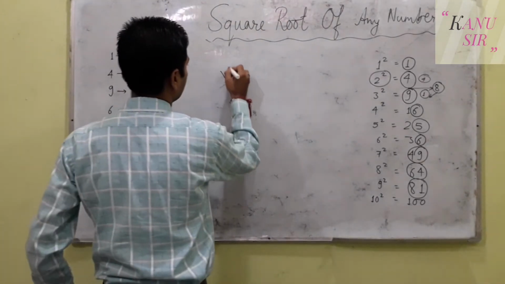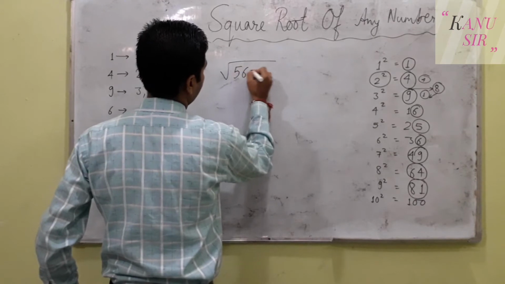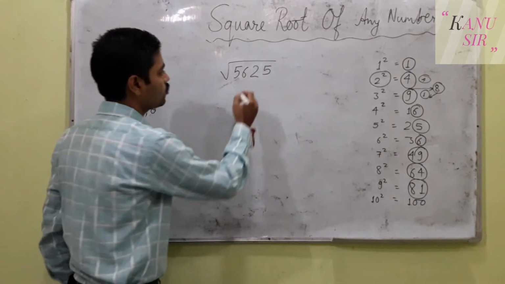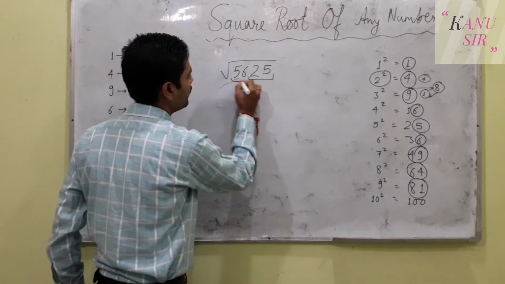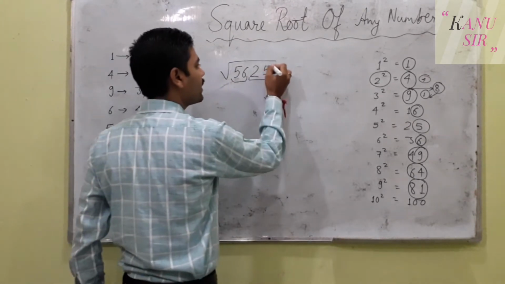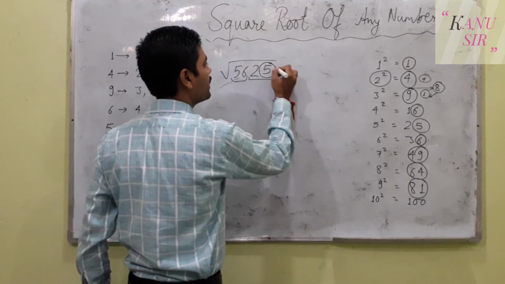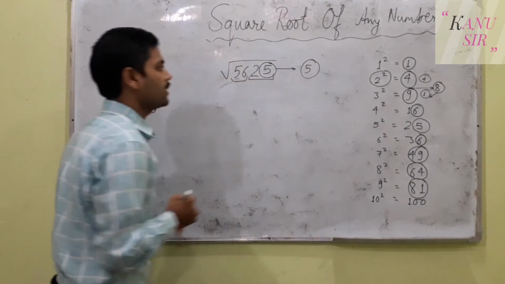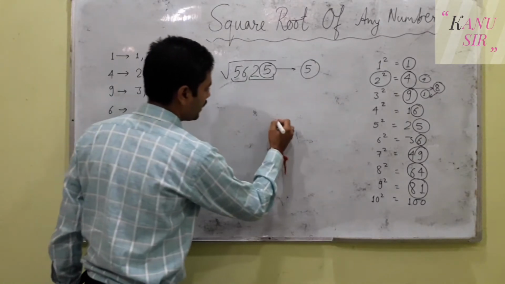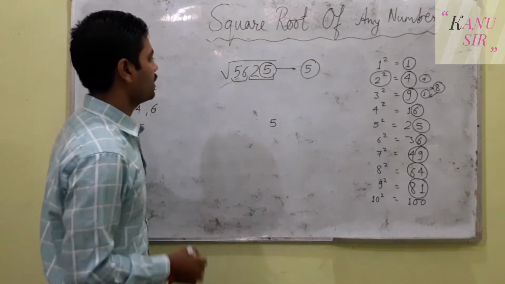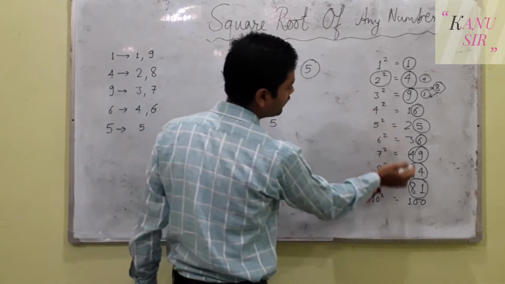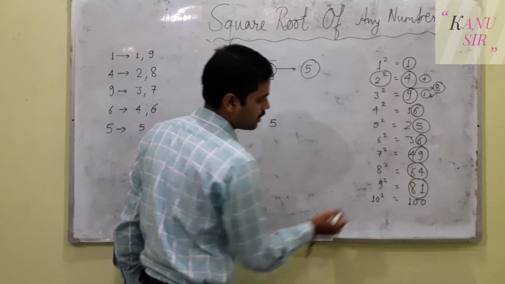Root 5625. Let's break the number into two parts, that is 25 and 56. Very clearly we see there is 5 in the number, so there will be a 5 in the answer. Now next is 56. You can check which numbers 56 lies between.